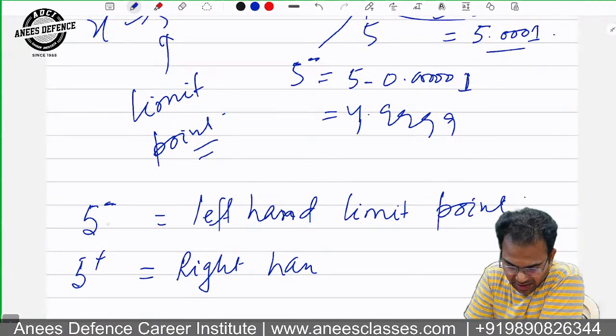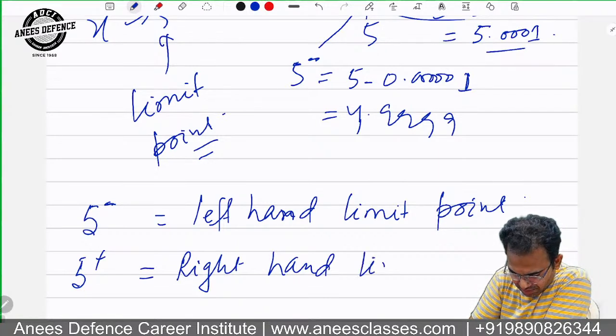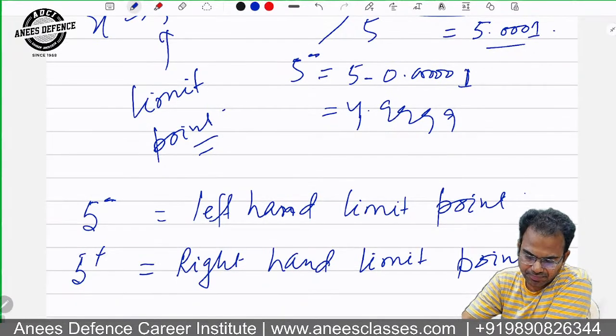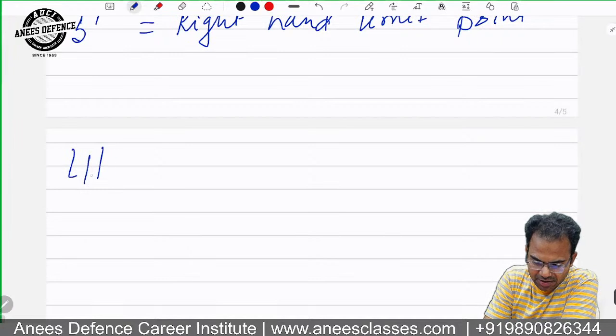5 minus is the left hand limit point. 5 plus is the right hand limit point. So I will calculate the left hand limit.